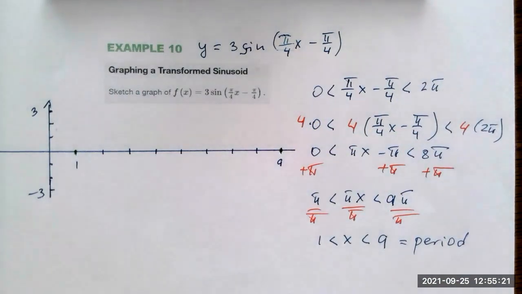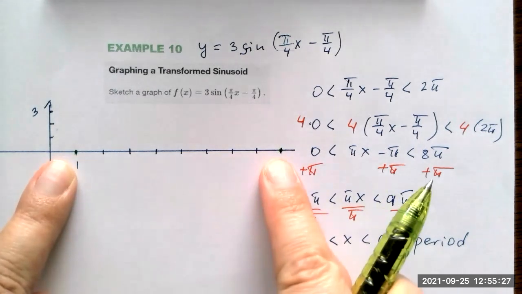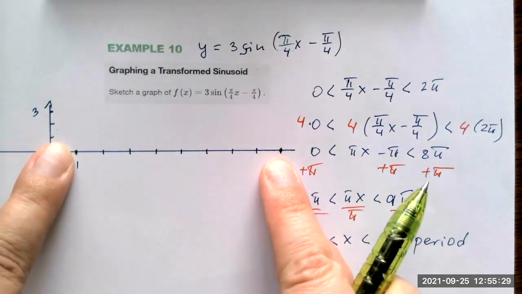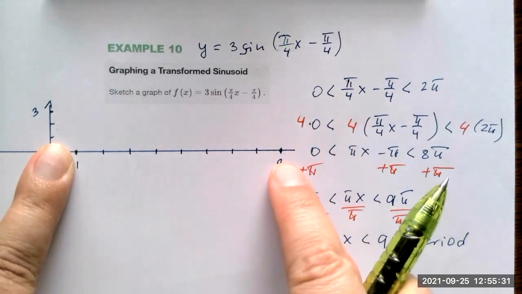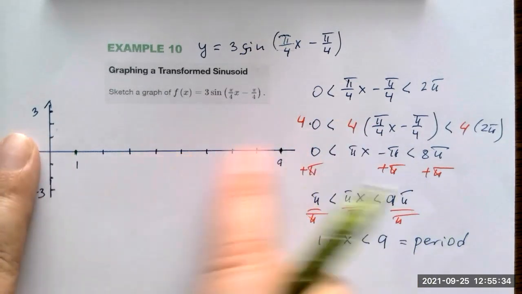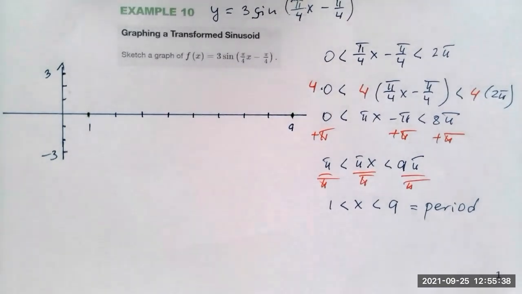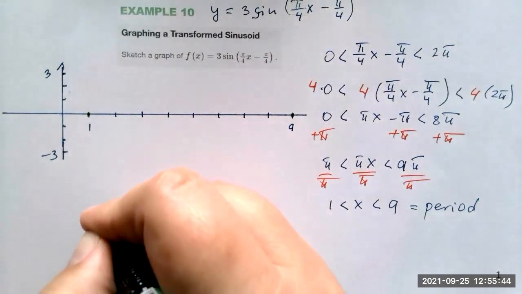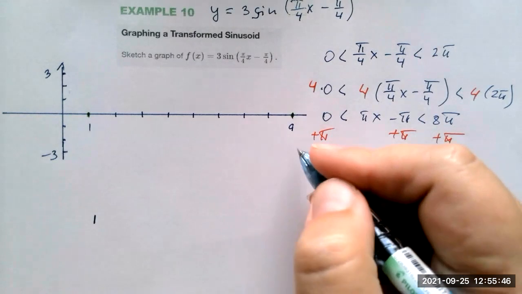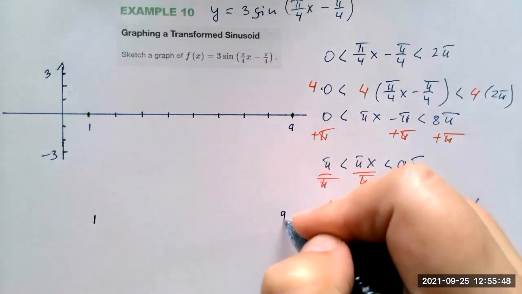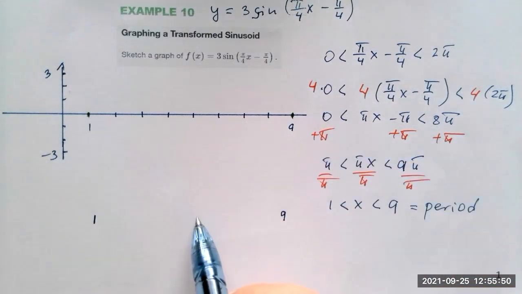Now remember that we have 5 important points on the entire period. So the point where the period begins, ends, then we have midpoints and quarter points, right? Okay, so I'm going to set up a table where my first point is 1, my last point is 9. So what's in the middle?